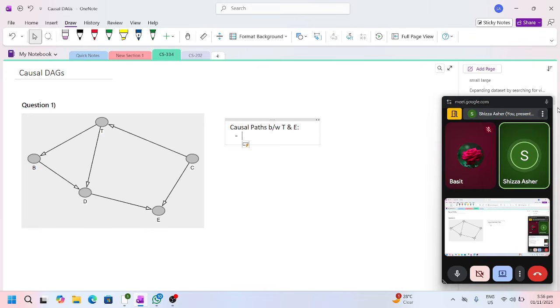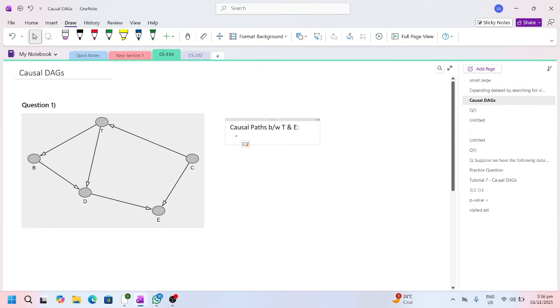But Basit, if you want to comment on this, you can tell me. Otherwise, I will draw these paths anyway. I will quickly reiterate that a causal path between two nodes is a path in which all arrows go in the same direction, starting at the treatment and ending on the outcome.